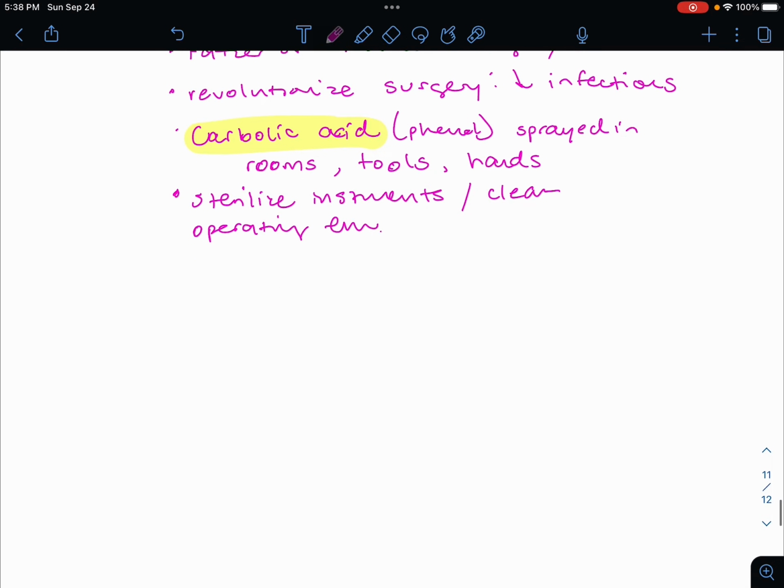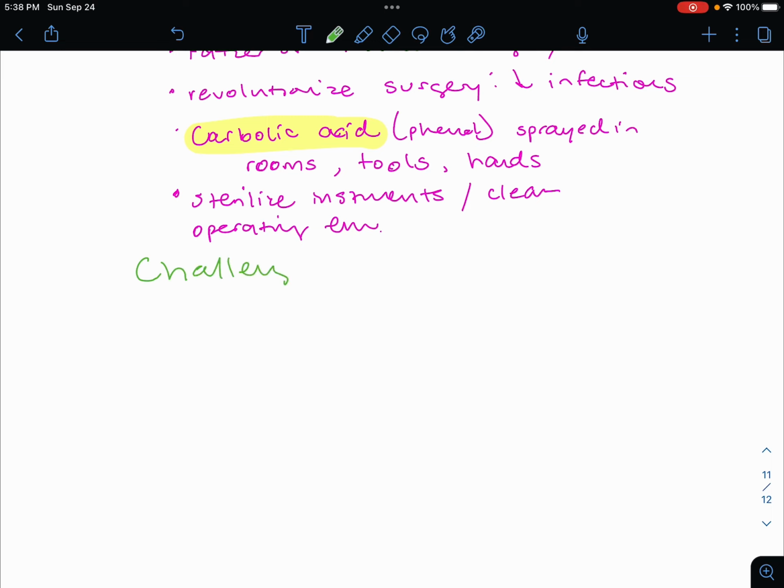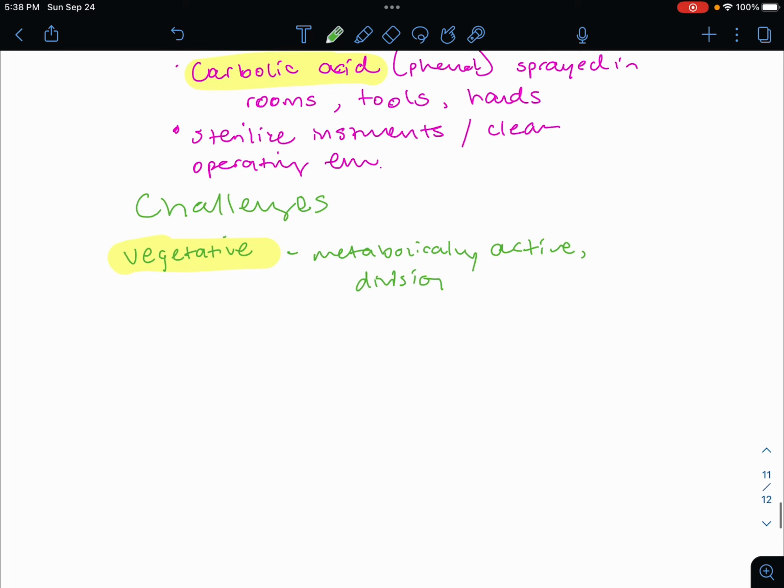There is a challenge when killing microbes, and the challenges that we'll come across stem from the types of microbes. So you have vegetative cells. Vegetative refers to the cells that are metabolically active, and therefore these cells are going to be able to divide. On the flip side, we also have much hardier microbes, specifically endospores.